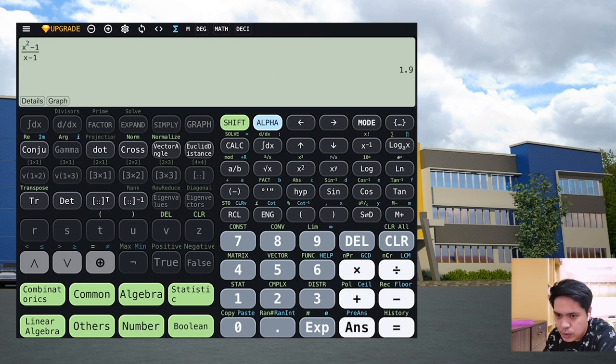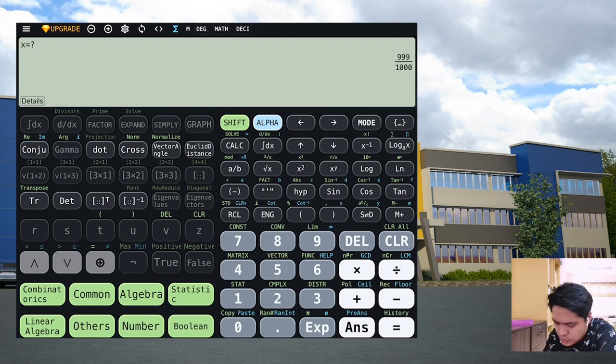The result is 1.9. Okay, that's close to 2. So if x is, let's move that closer to 1, 0.99 is much closer. The result is 1.99, so the result gets even closer to 2. If x is even closer, 0.999, the result is 1.999, which is closer to 2.